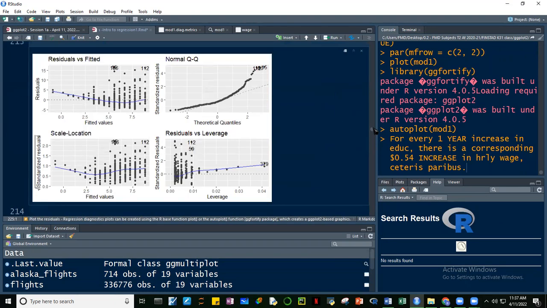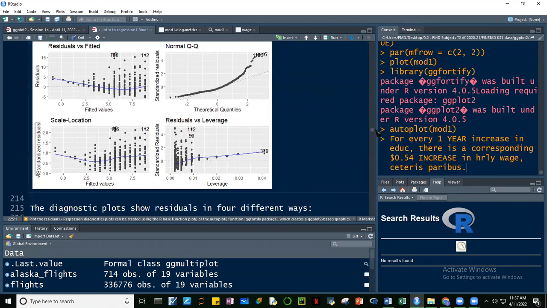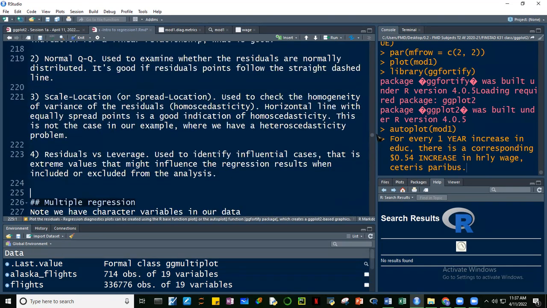This is the scale location where we plot the square root of the standardized residuals against the fitted values. So what this gives us is the homogeneity of variance, yung homoscedasticity. Dapat, guys, the horizontal line is a good indication of homoscedasticity.